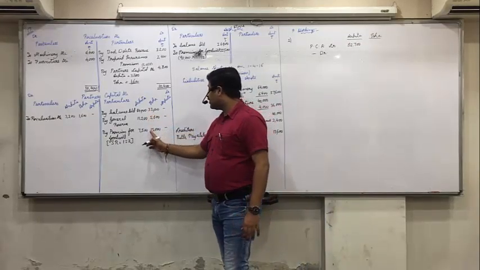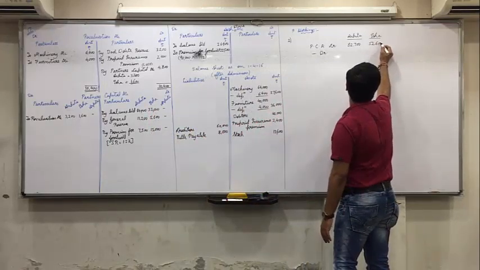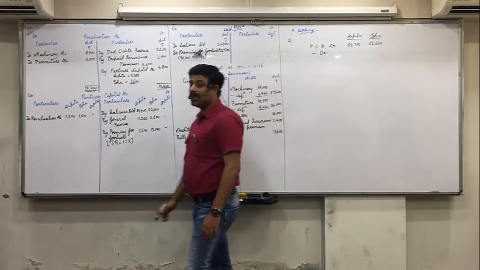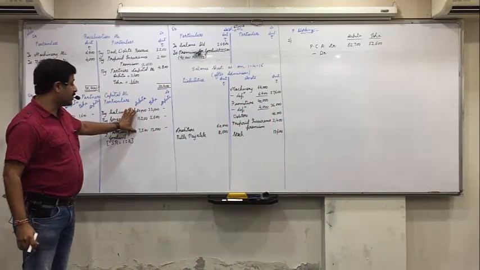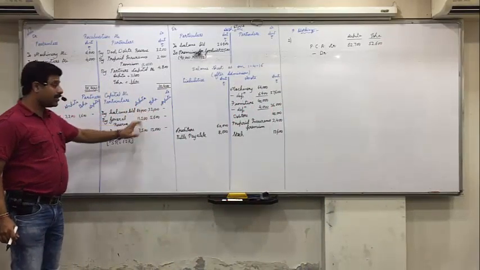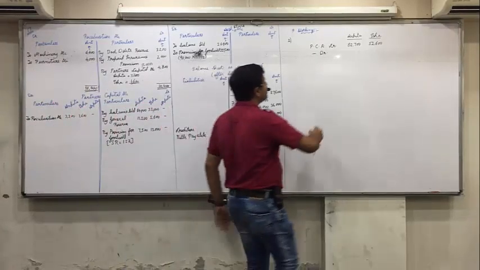And 32, 37, 52,600. Got it everyone? Partners' capital account credit side 82,700 and 52,600, minus debit side 3,200 and 1,600.